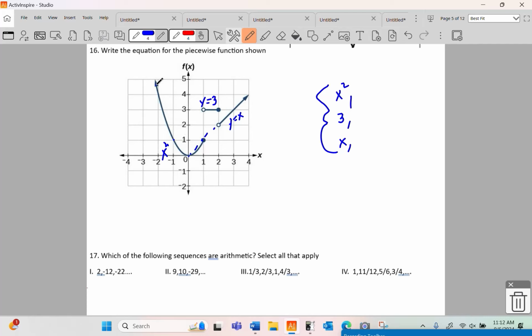X squared was drawn for all values of x less than or equal to 1. 3 was drawn from x values of 1 to 2. Equality on the 2. No equality on 1. And y equals x was drawn as long as you were moving right from 2.